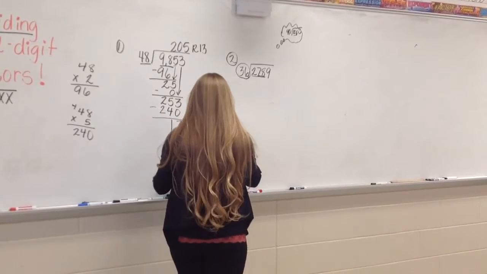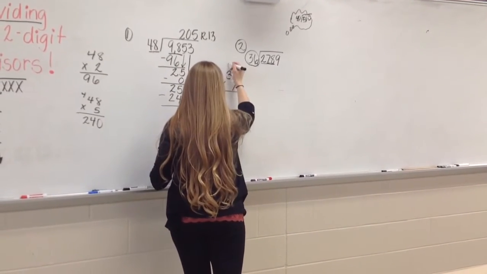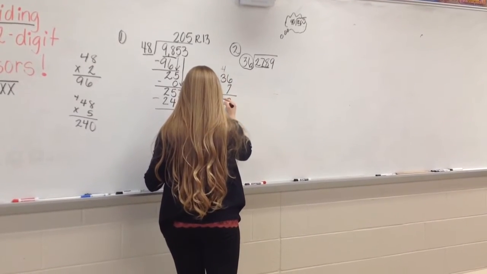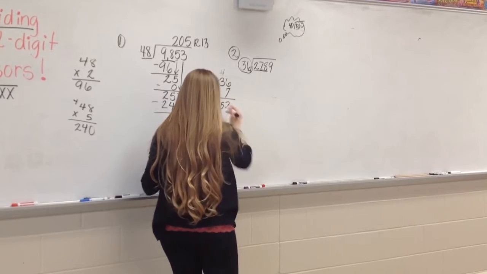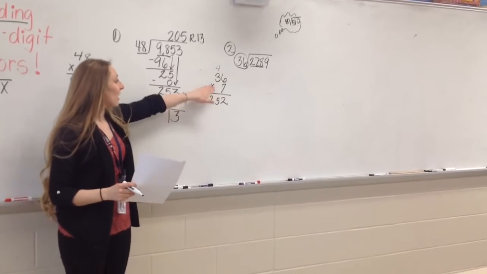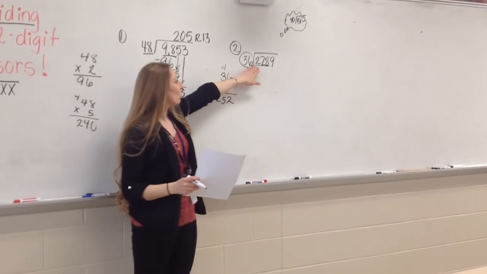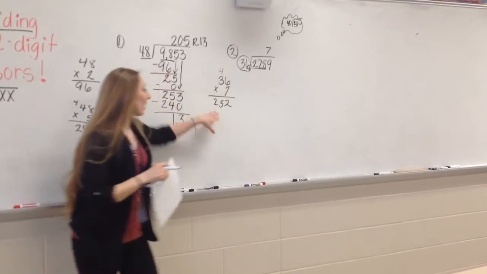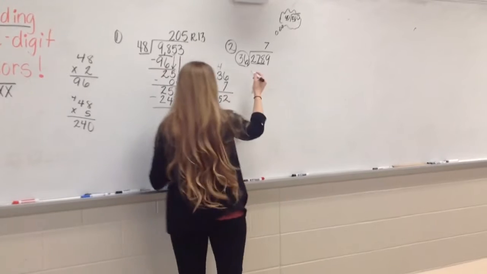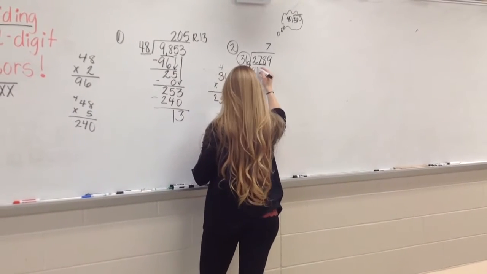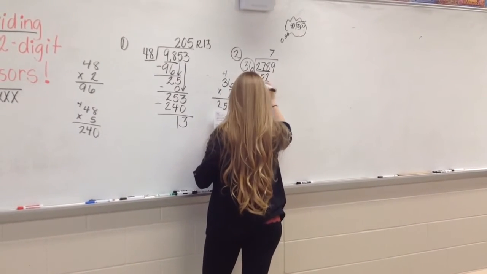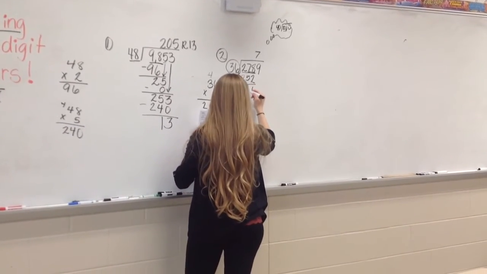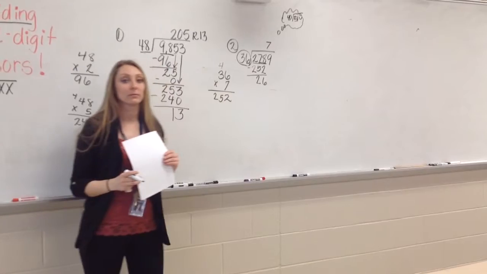So when I take 36 times 7, I get 252. 6 times 7 is 42. 21 plus 4 gives me 25. So I know that 36 can go into 278 7 times. I subtract what I multiplied, 278 minus 252. When I subtract, I have 26 left over.